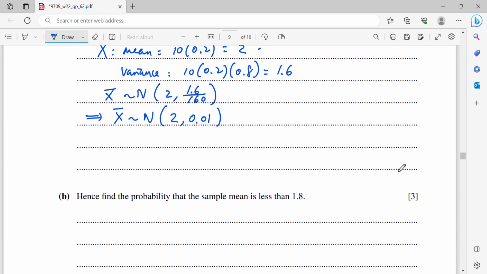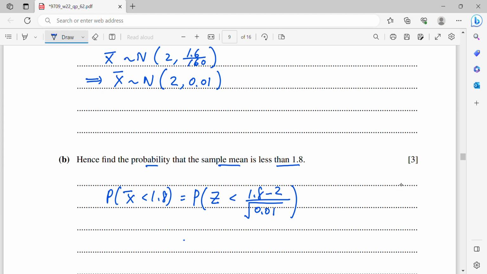Now hence, find the probability that the sample mean is less than 1.8. So I will just write P(X bar less than 1.8). We need to standardize it. So Z less than (1.8 minus the mean, which is 2) over the square root of 0.01. When you calculate this value, it will be P(Z less than -2).